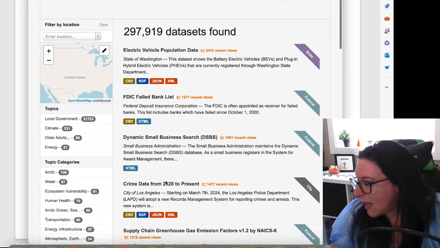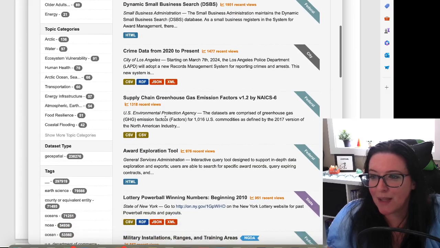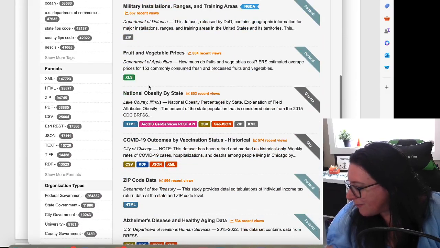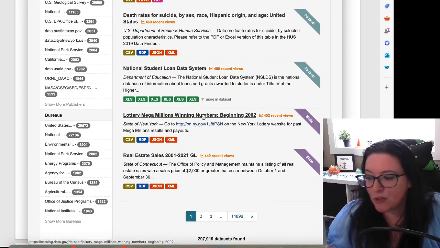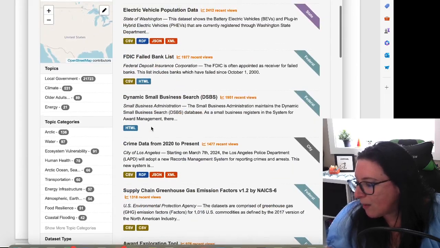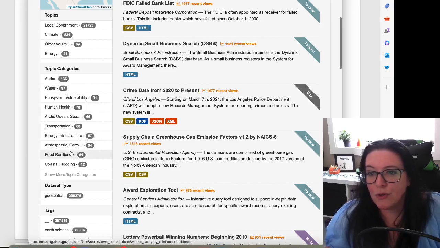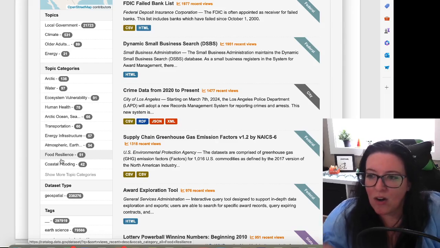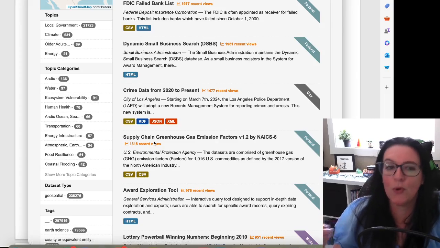That could be crime data, information about failure of banks, supply chain. There's information about obesity, COVID-19. I've sifted through here. There are lots of different topics, everything from counting birds to healthcare to food production, coastal flooding, all different disciplines. You'll probably find some data related to it that you can then pull and analyze.